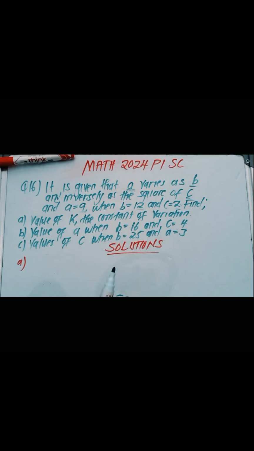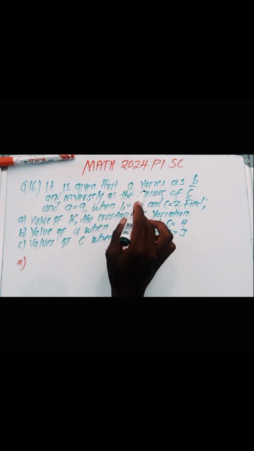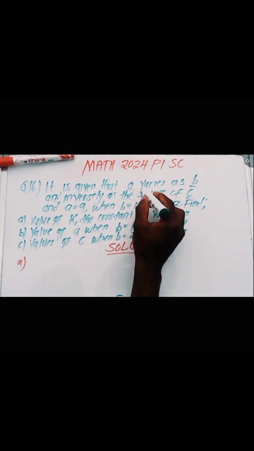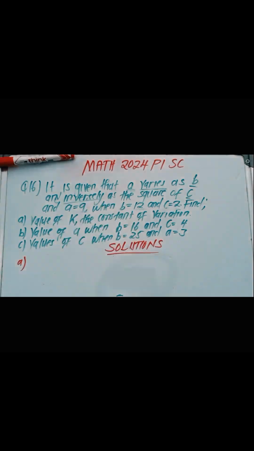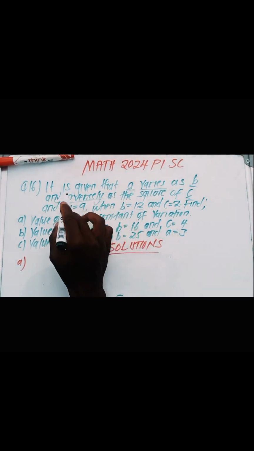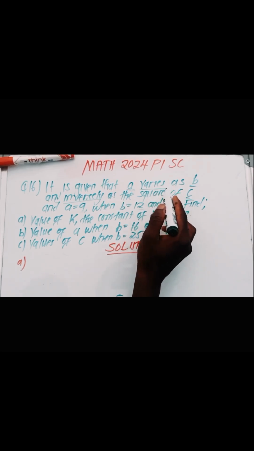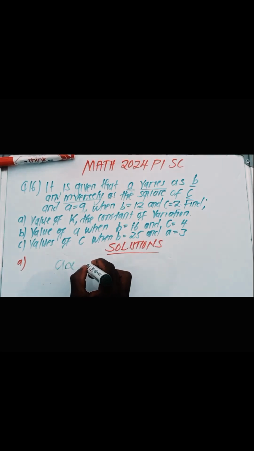So how do we come up with the formula? There are some keywords in each and every piece of information which help us. The first keyword is varies, and the second keyword is inversely. Whenever you hear it is given that A varies, or B varies, or any letter varies, directly, sometimes they tend to use directly, just know that they are talking about direct variation.